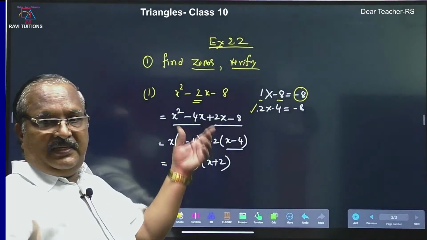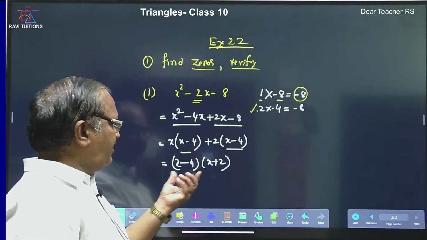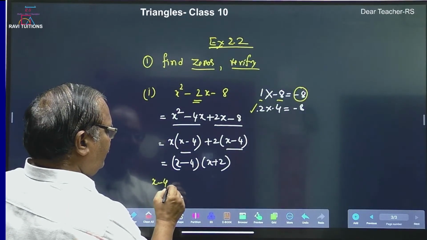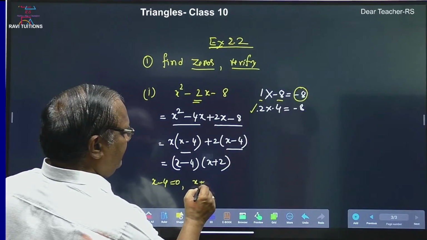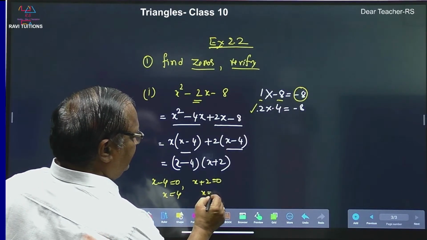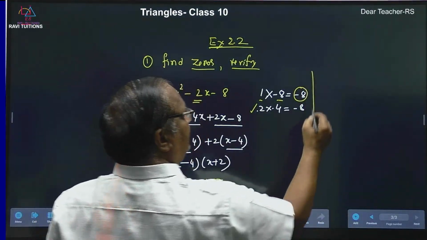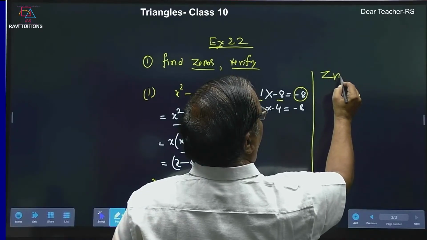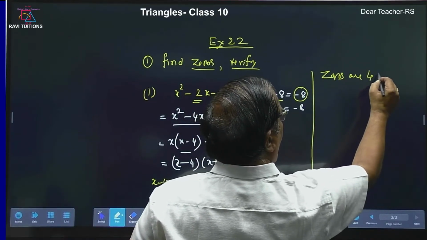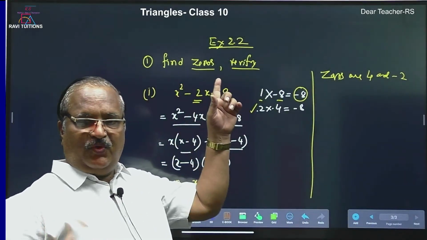That means the quadratic polynomial we have written as the product of two linear polynomials. So x minus 4 is equal to 0, x plus 2 is equal to 0, x is equal to 4 and x is equal to minus 2. So the zeros are 4 and minus 2. First task is over.